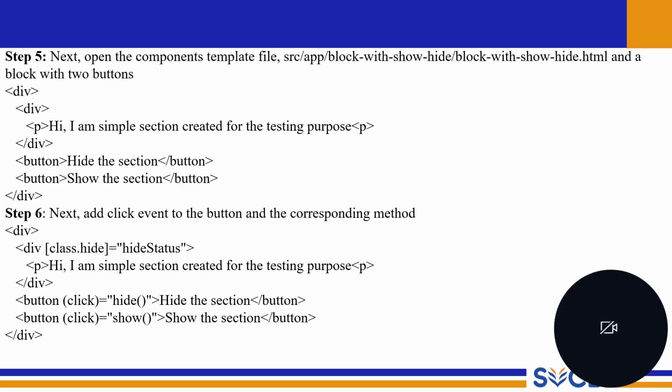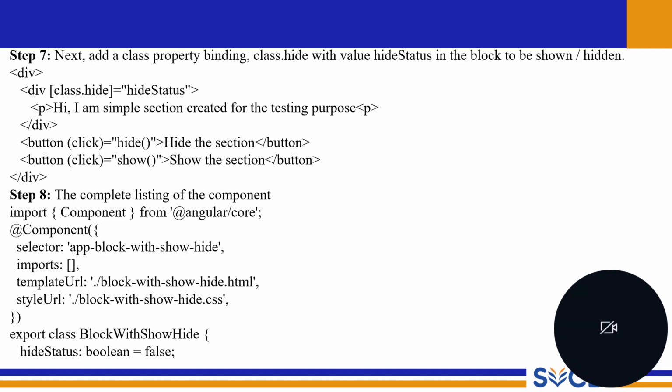In step 6, add a click event to the buttons and the corresponding methods. In step 7, add a class property binding, class.hide, with the value hideStatus in the block to be shown or hidden. In step 8, the complete listing of the component.